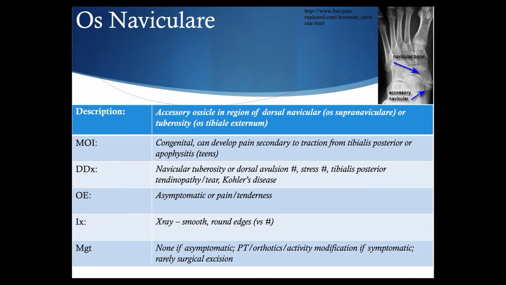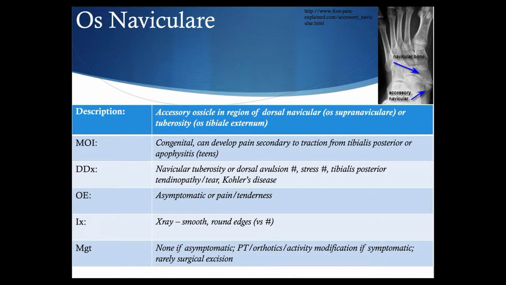One of the main differentials to consider when reviewing imaging, especially when people present with pain over the navicular, is an accessory ossicle in this area. It is a congenital issue, though pain can develop in these areas due to irregularities at the insertion point of the tib post or with open growth plates, at the apophysis with respect to apophysitis.